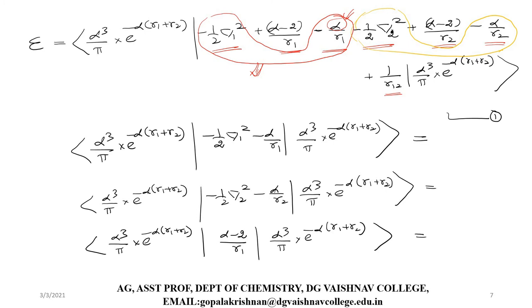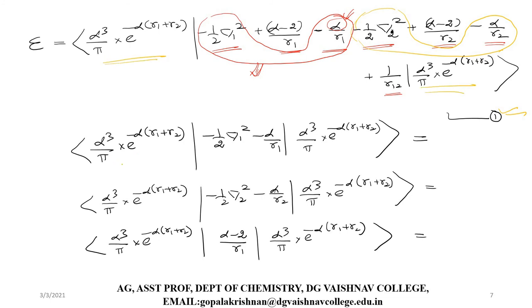If you have a hydrogen-like one-electron Hamiltonian, then it is very easy to solve. So I am going to separate this whole integral into small integrals. I'll take this as equation number 1. First I will write the first part of the integral, taking this function as such.